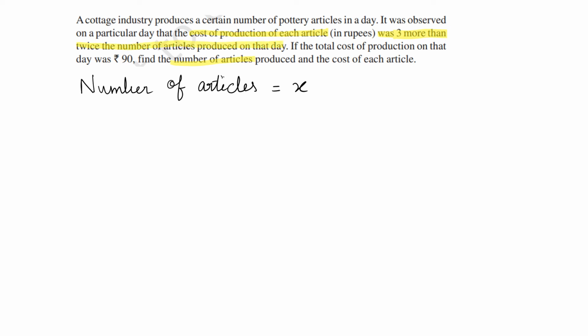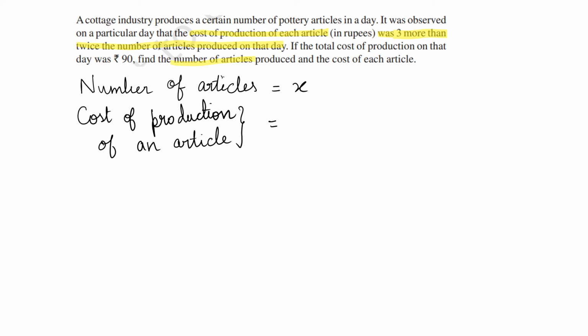So we are going to write the cost of production of an article equal to 3 more than twice the number of articles produced on the day.